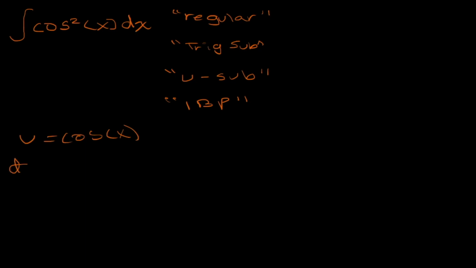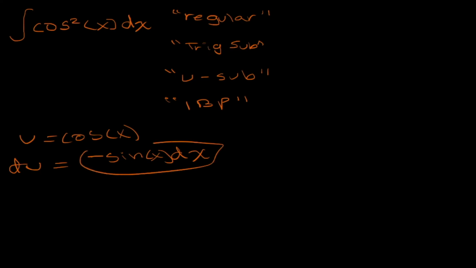If we take the derivative of this, it's going to be negative sine of x dx, and immediately we see that we've run into a problem, because typically with u substitution, we would like the product of u and du, or something along those lines, to look like the integral we have up here.